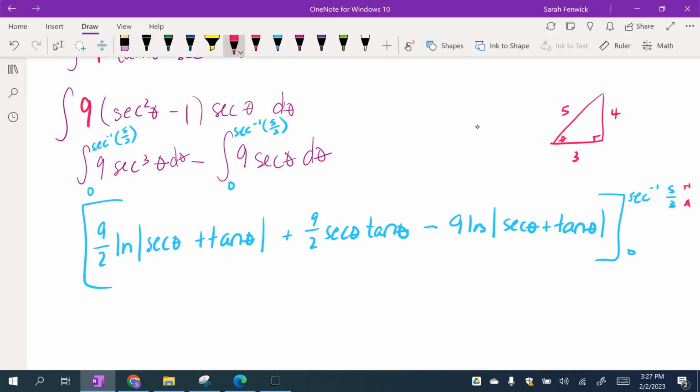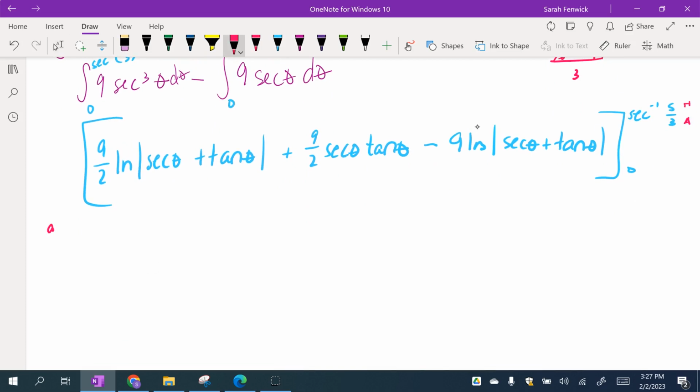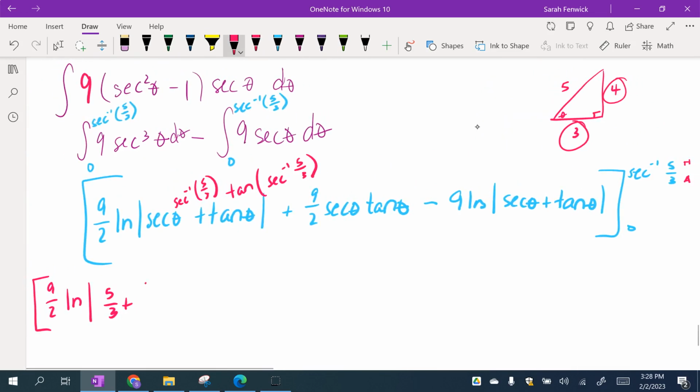Now, the reason I did that is when we plug in 9 over 2 ln, when I put in secant inverse 5/3 here, the secant and the secant inverse cancel each other out and give me 5/3. Plus, when I do tan of secant inverse 5/3, well, if the secant was 5/3, the tan is opposite over adjacent, which is 4/3.